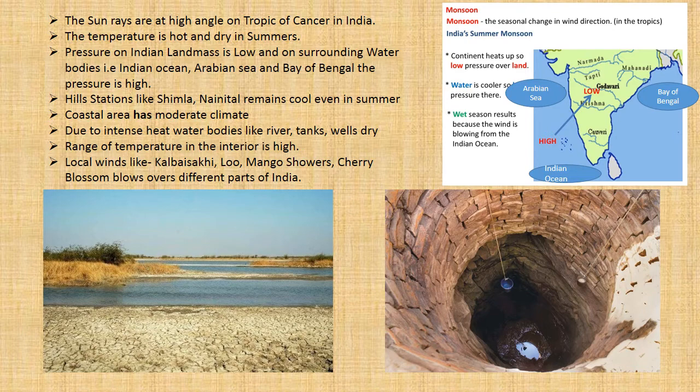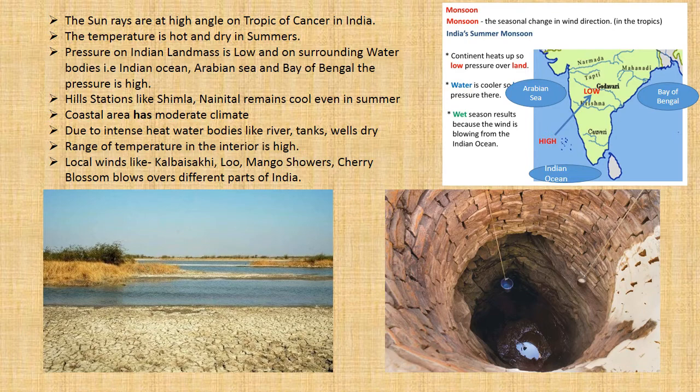Now, what is the range of temperature on the landmass and the water body? On the coastal areas, the range of temperature will not be high. But in the interior of the landmass, the range of temperature will be very high. A huge pressure difference is created over the landmass and the water body for 4 months.